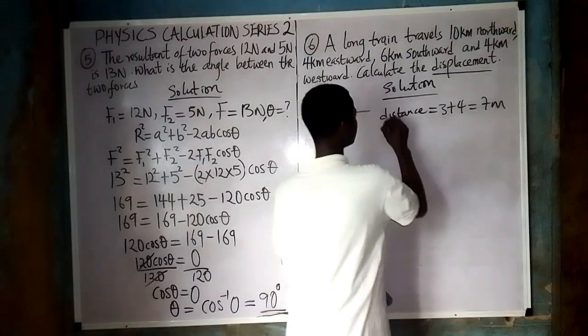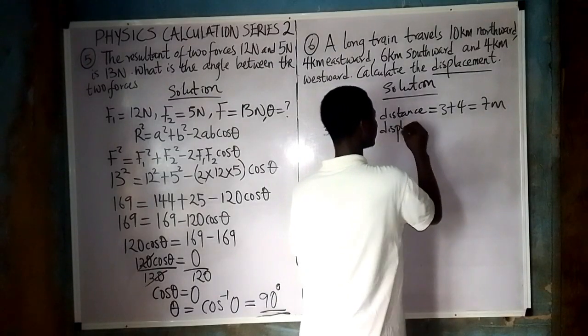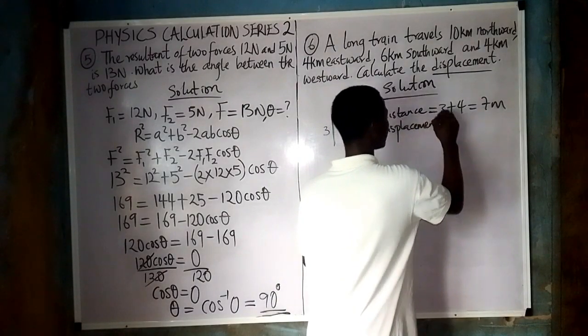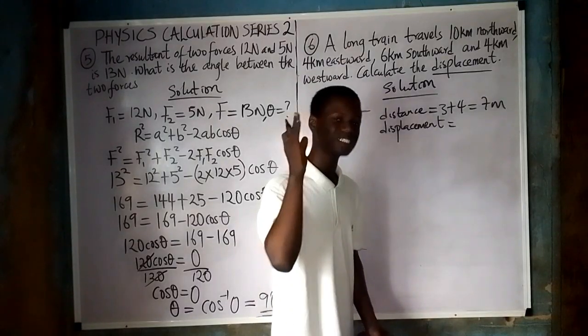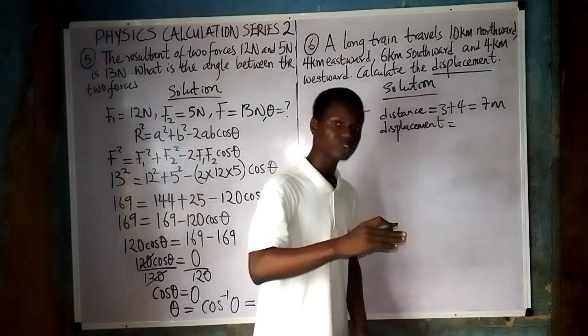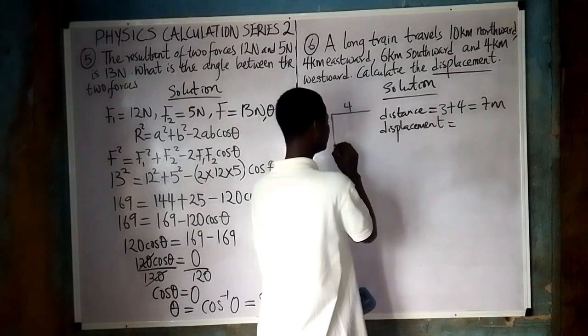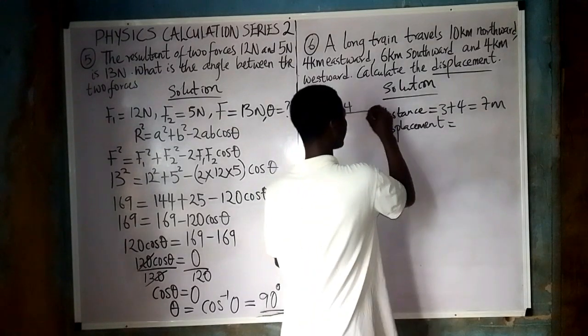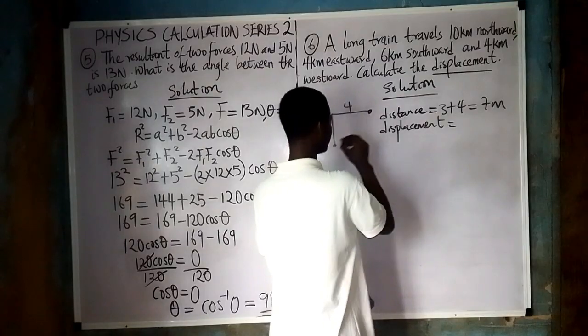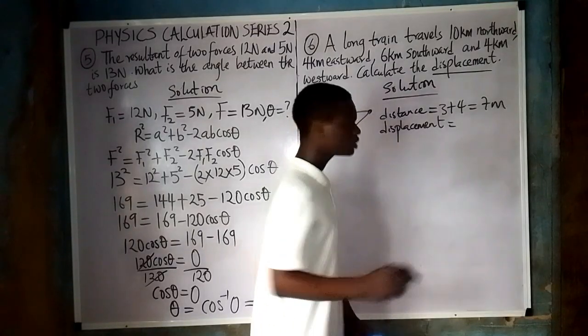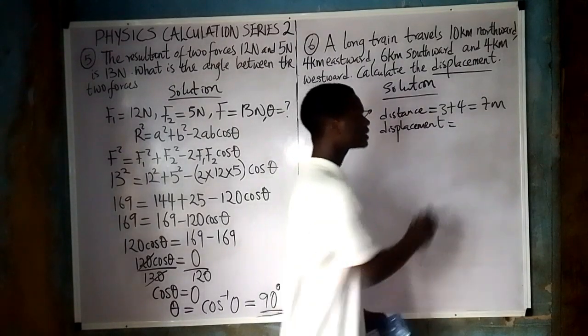For the displacement, let's see how we will get that. Now, I said displacement is the distance covered in a specific direction, or the distance between the initial point and the final point. What is the line joining these 2 points, initial and final? Is it not this? So whatever is the length of this, that is the displacement.